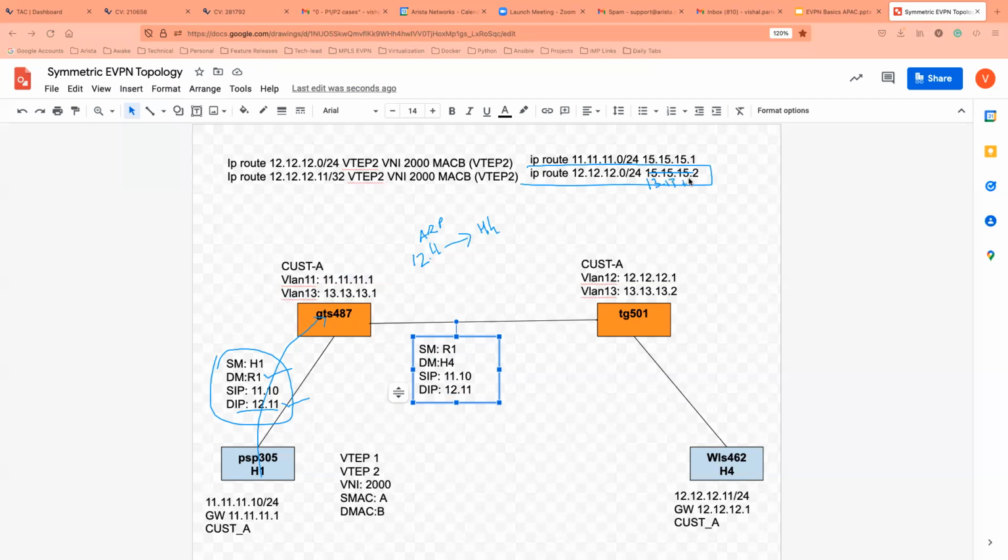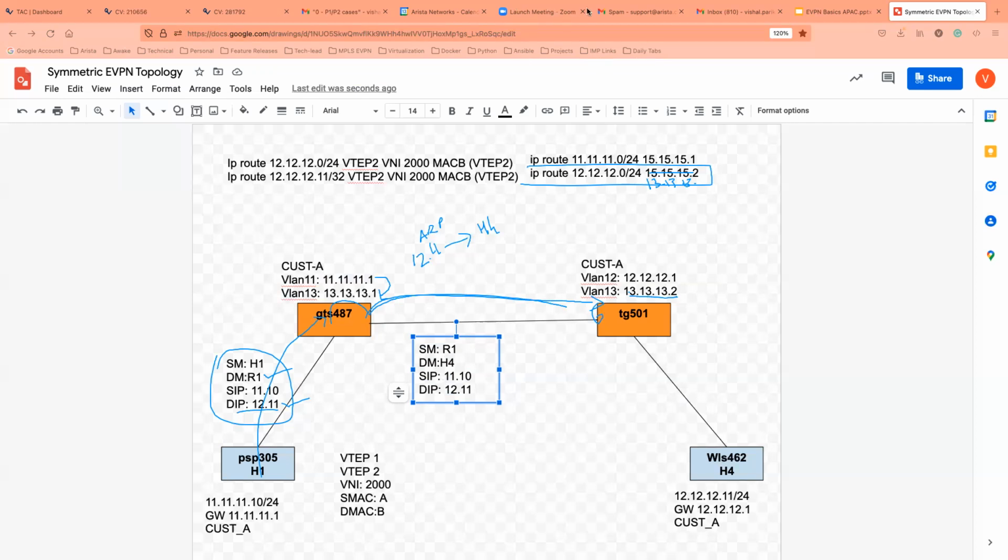So you route the packet from VLAN 11 to VLAN 13 and forward this packet to the next hop, 13.2.